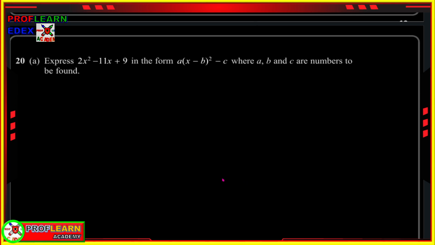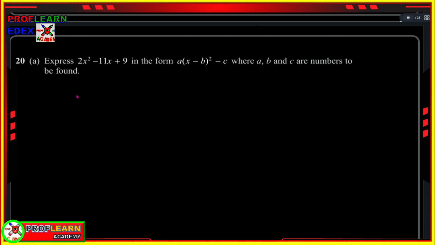Question 20, expressing in the form that is completing the square. Completing the square.